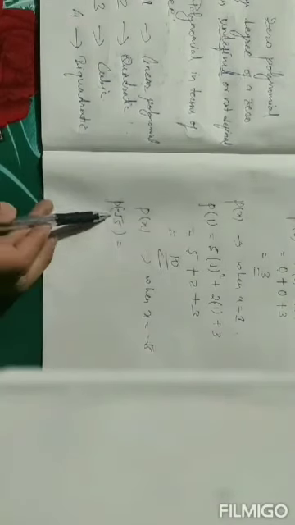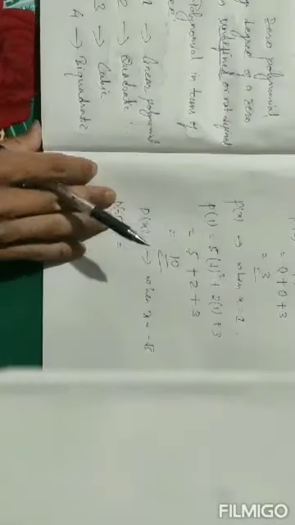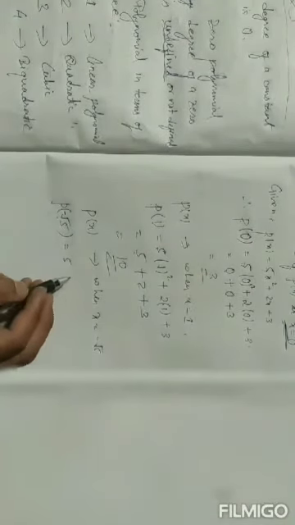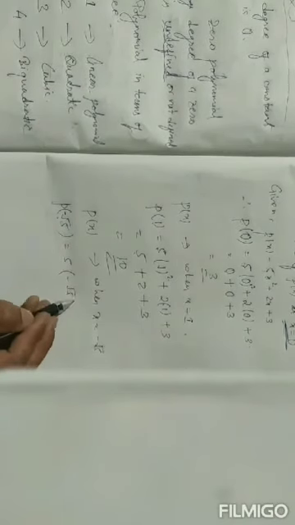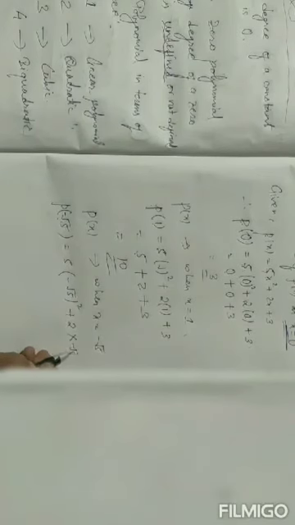As soon as you replace the value of x in the left hand side, you have to replace the value of x in the right hand side also, isn't it? So what is the right hand side? 5x square. Now 5x square means 5 into minus root 5 square, isn't it? Plus 2 into minus root 5 plus 3.